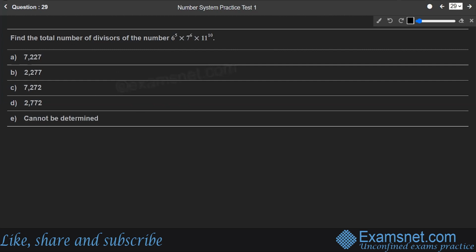Now, find the total number of divisors of the number 6 to the power 5 into 7 to the power 6 into 11 to the power 10. For this particular situation, we have a method.